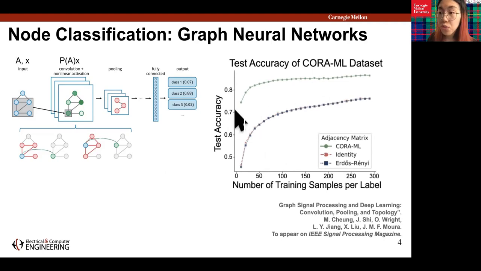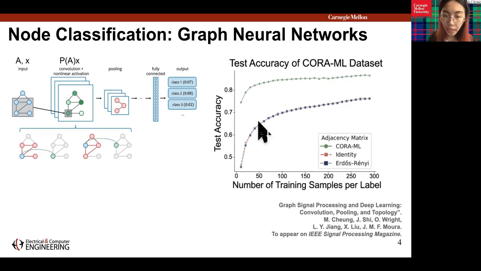We train it with three different types of graph: the original adjacency matrix, the identity matrix where we ignore the graph structure, and a random Erdos-Renyi graph. When we train with the original matrix, the accuracy is around 80%. However, if we ignore the graph structure or use a random graph, the performance is around 20% worse.